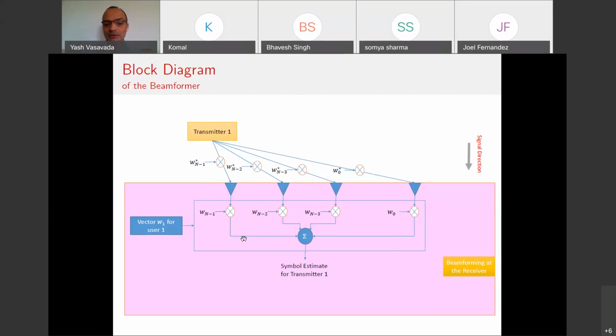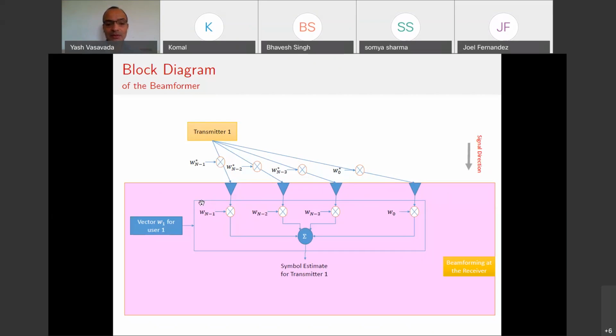Okay, so this is the single user match filter version of the beamformer. And this we have seen in a lot of depth in the earlier lecture. When our DOA is estimated perfectly, so that the beamforming coefficient is directly the complex conjugate of the array vector, then all of these lines become 1. This W conjugate W is always 1, because remember, this W is a complex exponential function.